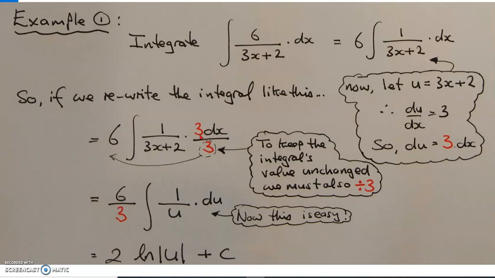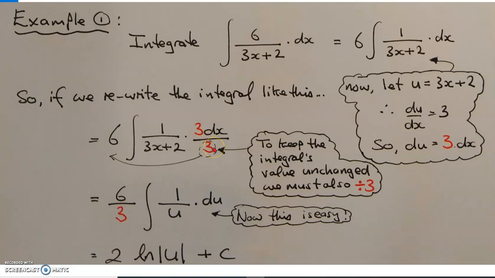But you've got to keep the integral the same. It's got to stay the same thing, the same value. So in other words, when you multiply the dx by 3, you've got to divide it by 3 at the same time, because those 3's would cancel. So it's the same as that thing over there. Okay? Hasn't changed because you've divided by 3 and you've multiplied by 3.